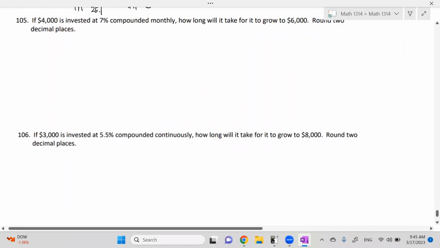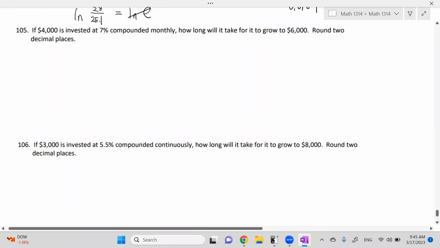Let's see, next example. If $4,000 is invested at 7% compounded monthly, how long will it take for it to grow to $6,000? Round to 2 decimal places. If I see compounded monthly, which formula am I using? We have the formula A equals P times (1 plus r over n) to the nt power.